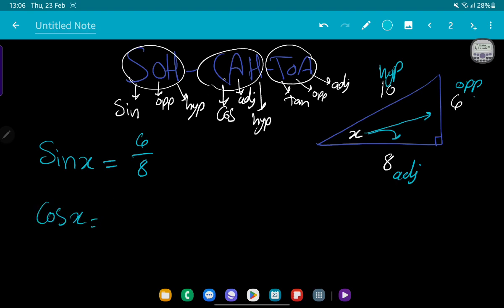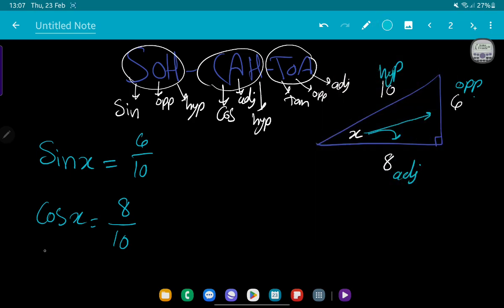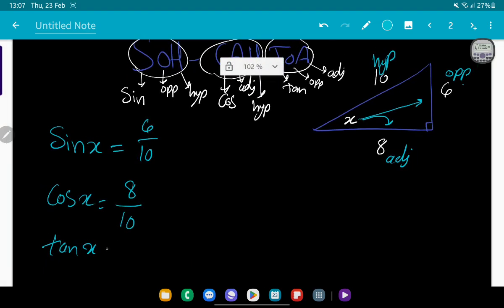Cosine x is adjacent over hypotenuse. You have marked the adjacent, which is 8 over, sorry guys, this is 10, okay, 8 over 10. The last one is tan x. Tan x is opposite over adjacent. The opposite is 6, the adjacent is 8.